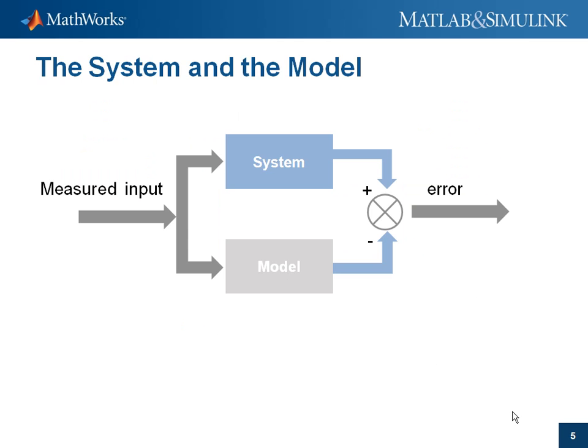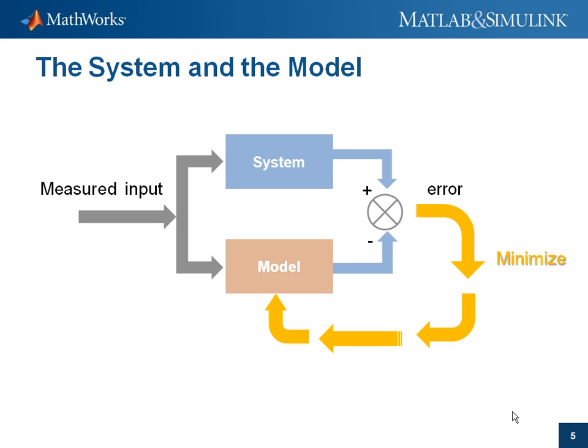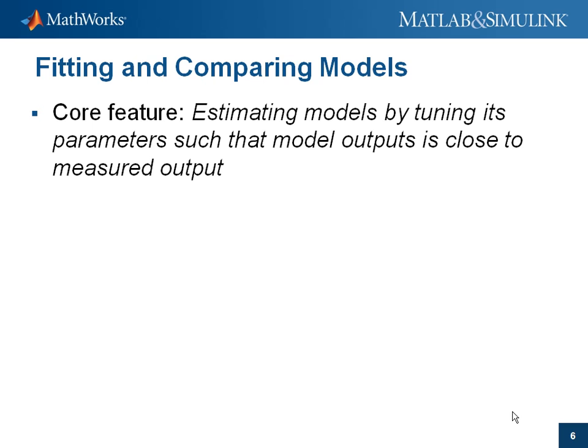The essence of system identification techniques is then to subject both the actual system and the model to the same inputs and compare the real response with the model's output. The model parameters are then adjusted so as to minimize the size of this error. So the key feature is to provide a model that produces an output that is as close as possible to the measured system output.